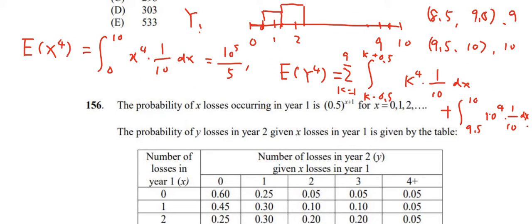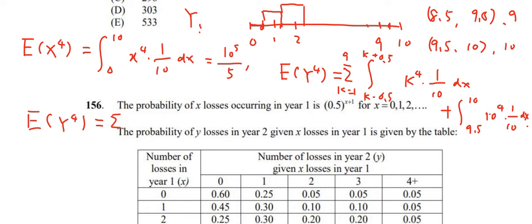So this equals k^4, right? So the constant is multiplied by 1, so this interval integration just becomes 1. So here it just becomes half. So this maybe applies to here, E[Y], so E[Y] is the 4th power.